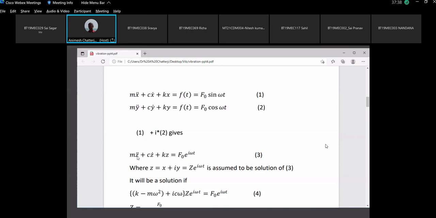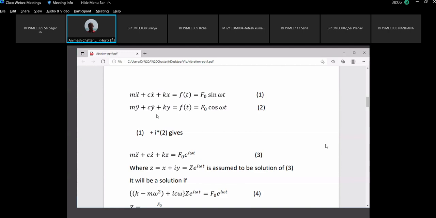The answer is, we do it to make our mathematics simpler. How do we make it simpler? We will see. But before we proceed with the mathematics, let me tell you, this is an imaginary problem which comes from a combination of these two real life problems. Now, x is what?